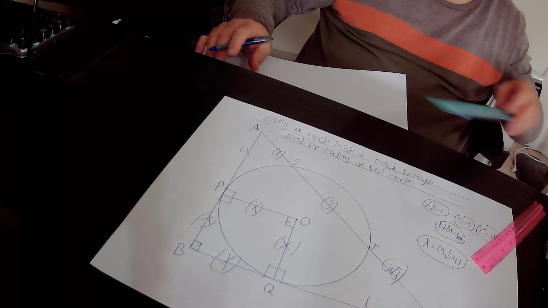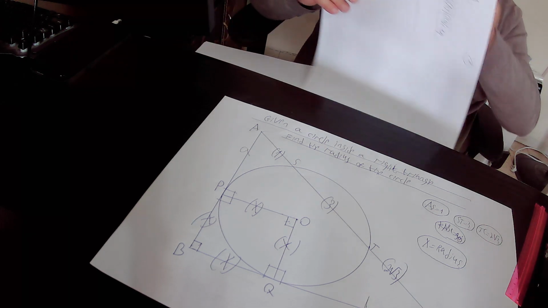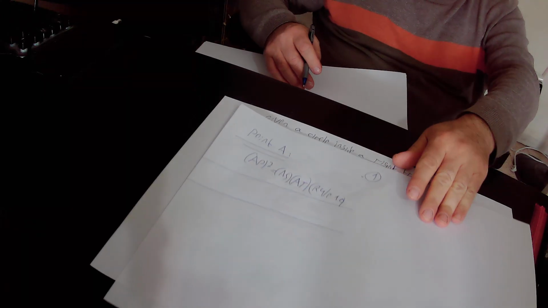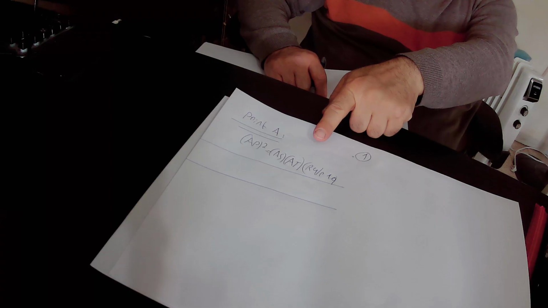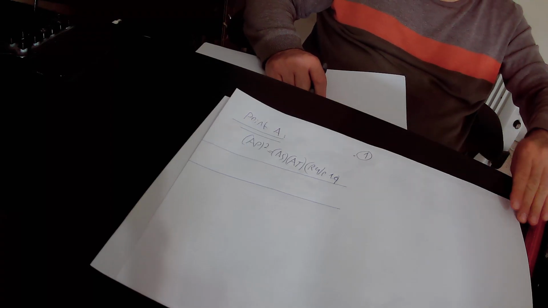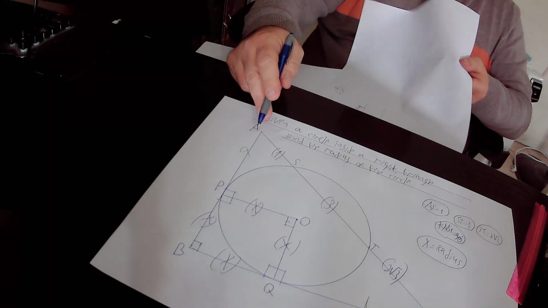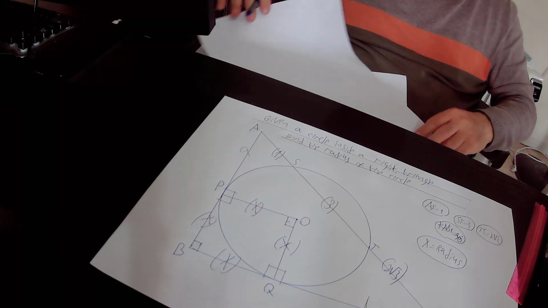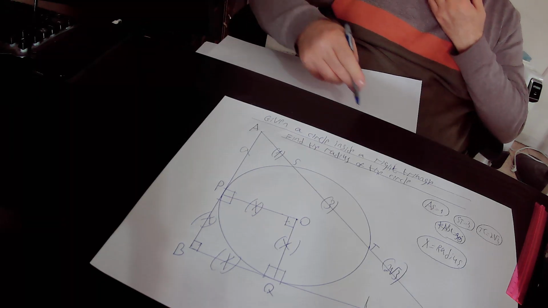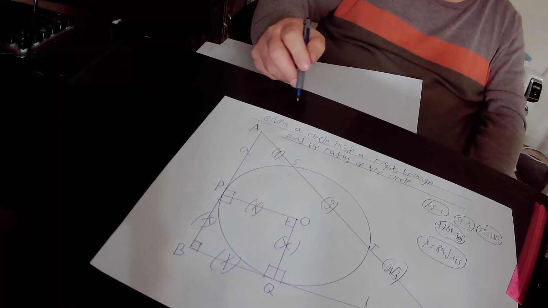I repeat again, if you focus on the common external point, point A, according to rule 10, AP square equals AS times AT. AP equals A according to our definition here. Therefore, AP square is A square. And it equals AS.